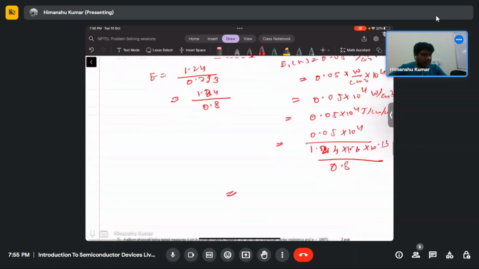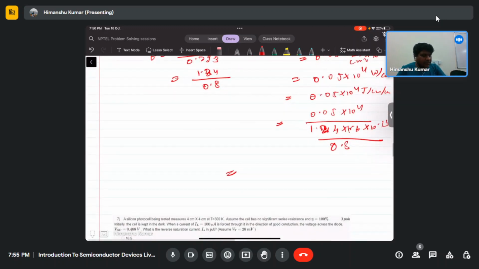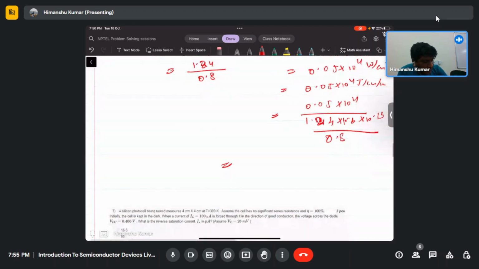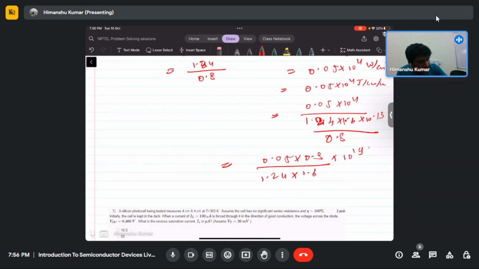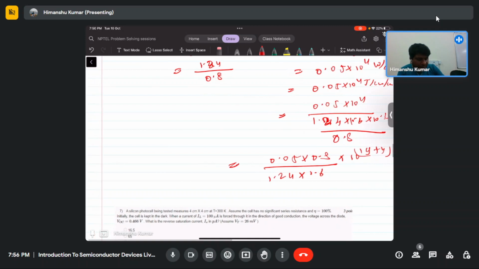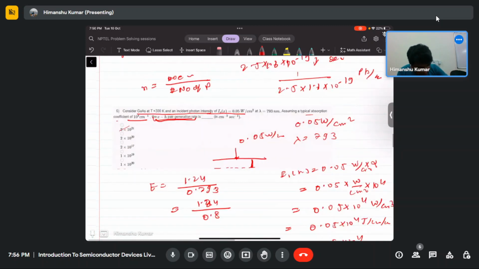If you solve this, you will get 0.05 multiplied by 0.8 by 1.24 multiplied by 1.6 multiplied by 10 power 19 plus 4. If you solve this correctly, you will get approximately 2 into 10 power 21 photons per unit cube, generated per centimeter cube per second.